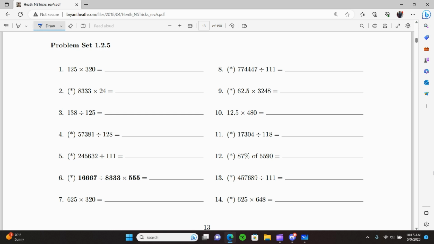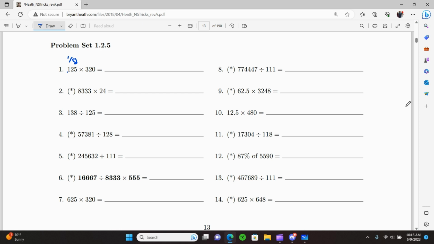Take a look at question number 1, 125 times 320. Because of my experience of memorizing the fraction tree, I immediately notice that 125 reminds me of 0.125. This number here reminds me of 1/8.